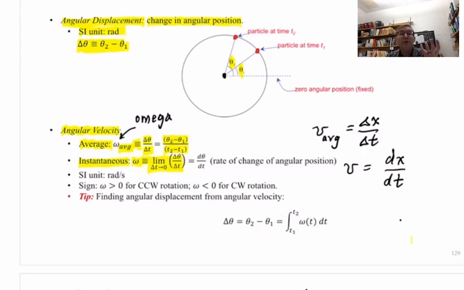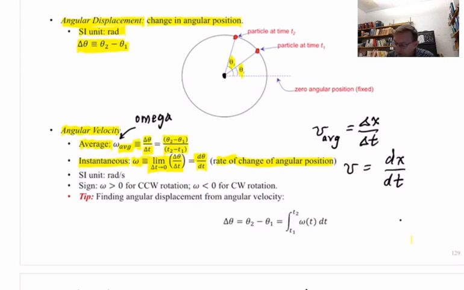And by the definition of taking a derivative, that's the derivative of theta with respect to time, d theta over dt. And we say it's the rate of change of angular position, because a derivative is a rate of change. Okay, so let's remember that. Instantaneous angular velocity omega is the rate of change of angular position, d theta dt.